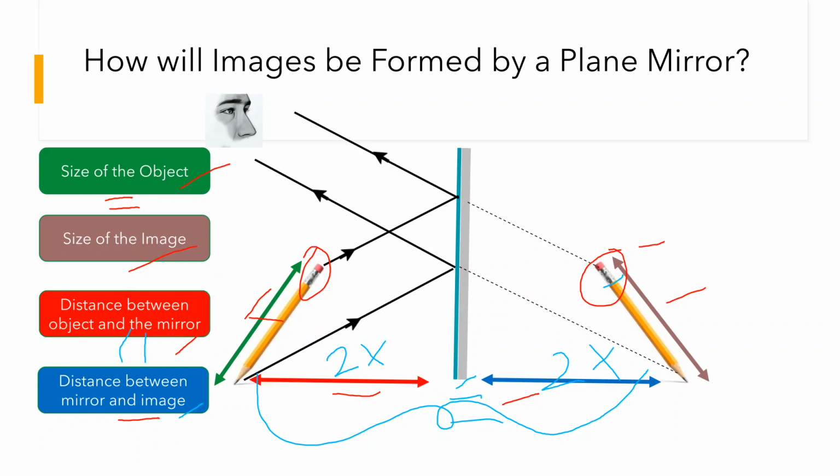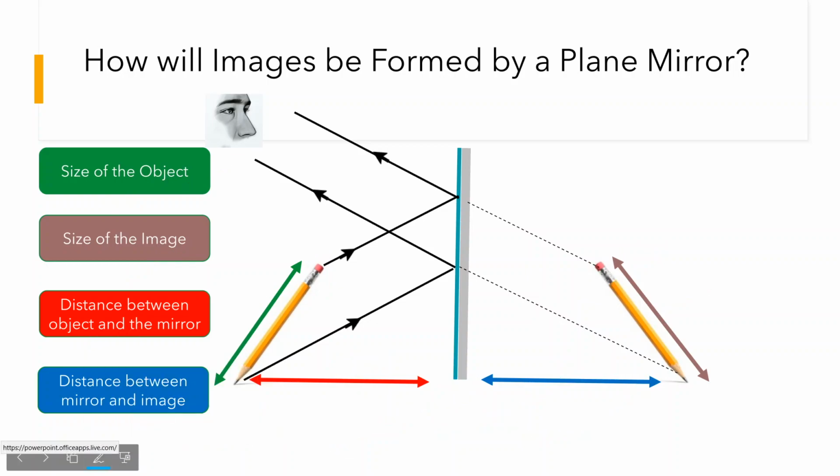And the other property is, as you can see in the picture, the pencil I took as an example. What happened to the pencil on this side and what happened to the pencil on that side? The tip of the pencil is to my left, but here it is to my right.